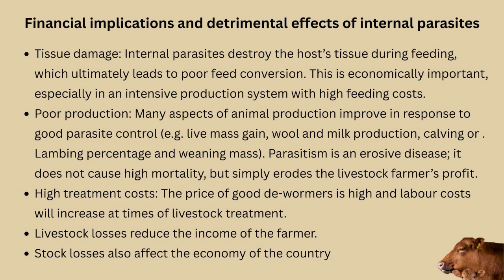This is economically important, especially in an intensive production system with high feeding costs. Poor production: many aspects of animal production improve in response to good parasite control, e.g. live mass gain, wool and milk production, calving or lambing percentage and weaning mass.